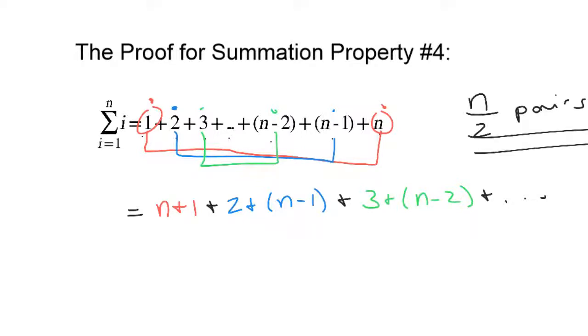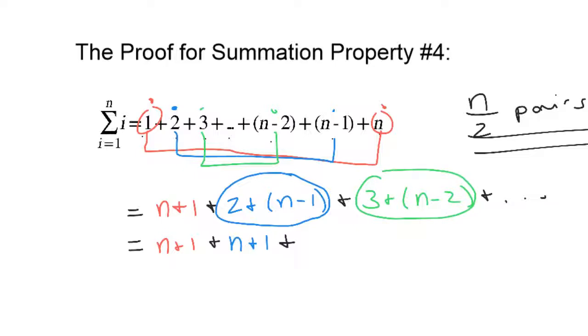And that's important because here is the nice thing about this. Let's go down to this next step again. n plus 1 simply stays n plus 1. How about this? How does this term simplify? Well, n minus 1 plus 2 is going to simplify into n plus 1. And then we simplify this term.